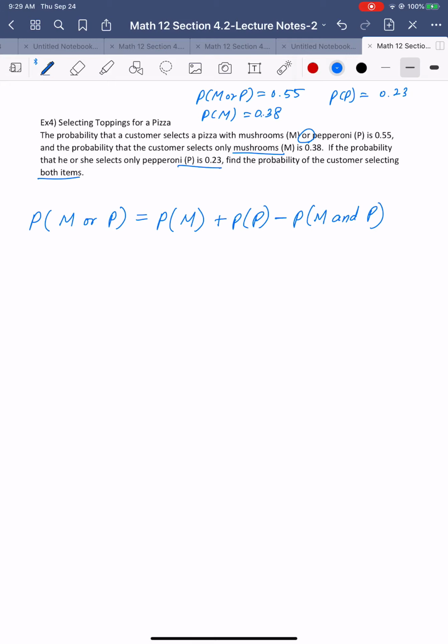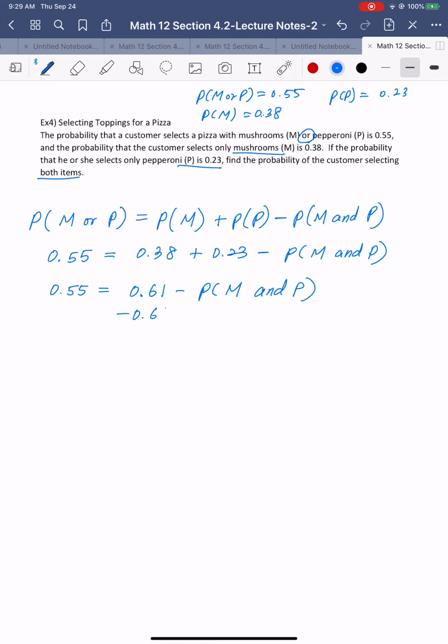So I just plug it in. 0.55 equals 0.38 plus 0.23 minus the probability that they like the mushroom and the pepperoni. Whenever they order the pizza, they must have a mushroom and pepperoni. So 0.55 equals 0.61 minus P of mushroom and pepperoni.